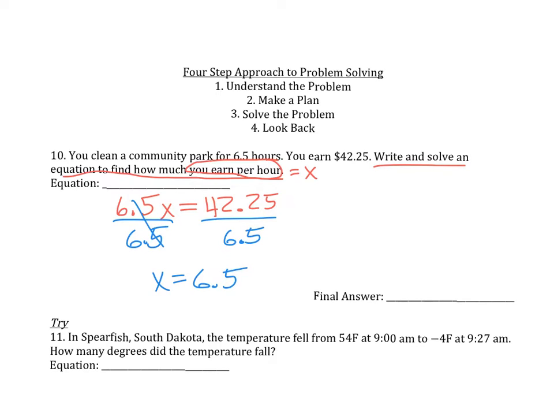Okay. So then think about, what does that mean? If I said x was the amount I earned per hour, then I would say $6.50 per hour. And then you ask yourself, does that seem reasonable? It does seem reasonable. We probably did it right.